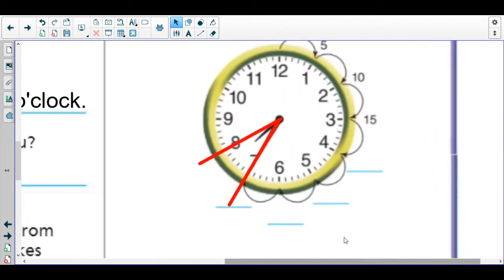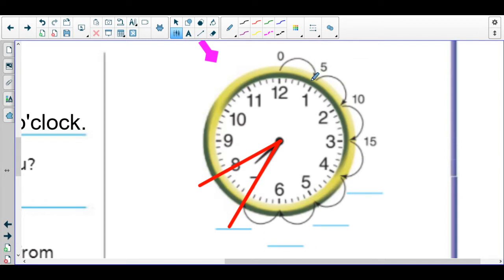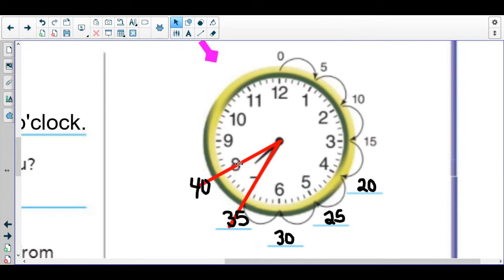Well, if I come through here and I kind of complete this pattern, all right, so 5, 10, 15, 20, 25, 30, 35, and then 40. Okay, what does the minute hand tell us?